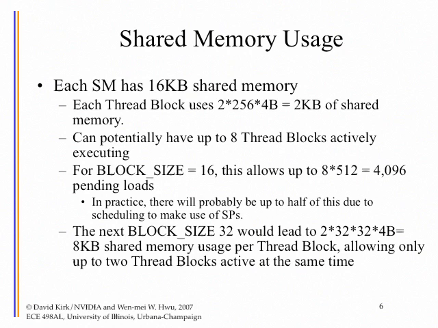Given the fact that I can have 8 blocks run on the SM at the same time, I can have 8 times of those loads. Okay, 8 times of the 512, all trying to load from the global memory. And what this means is that I will be able to essentially issue all the 4,096 loads to the memory. I would do one block, I issue all the loads for that block, and then I would switch to another block, I issue all the loads for that other block.